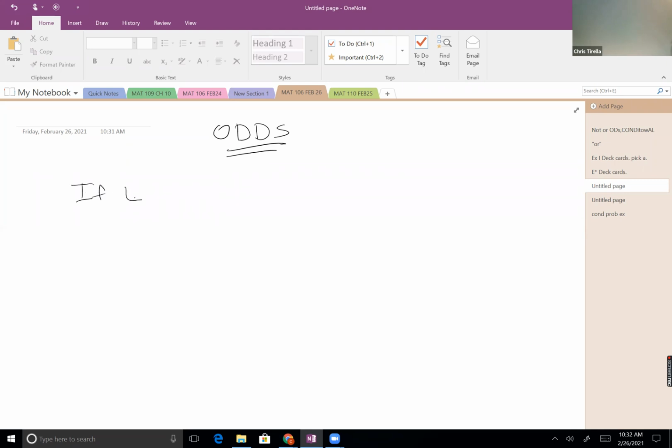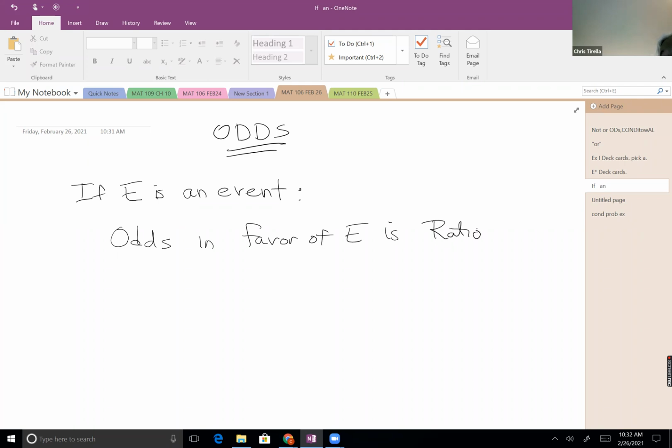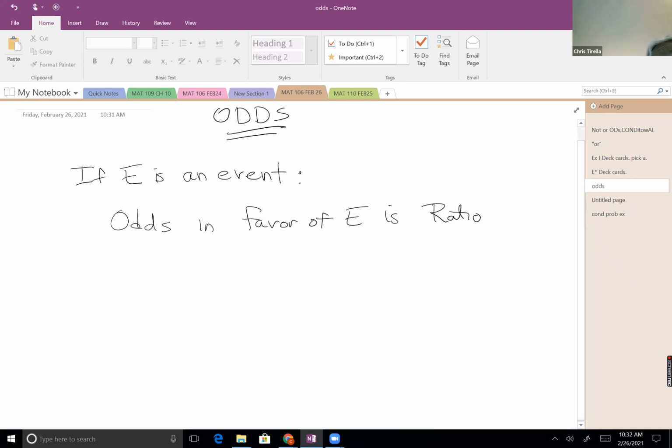If E is an event, we're going to talk about 2 different types of odds. The odds in favor of E is the ratio. And does everybody remember a ratio was kind of like a fraction, but rather than writing it up and down, it's usually written sideways with a little colon in between.